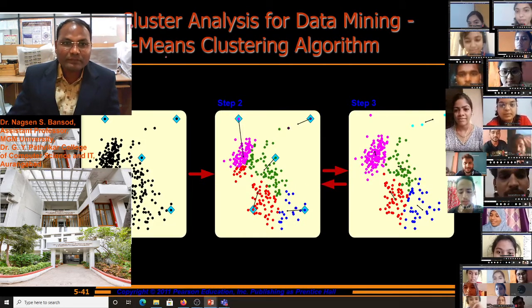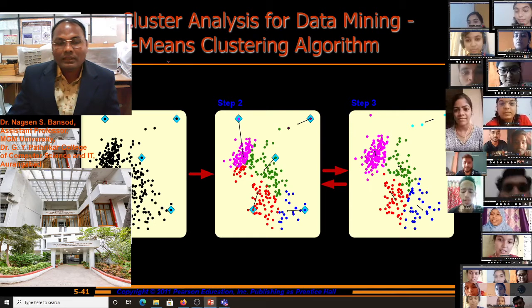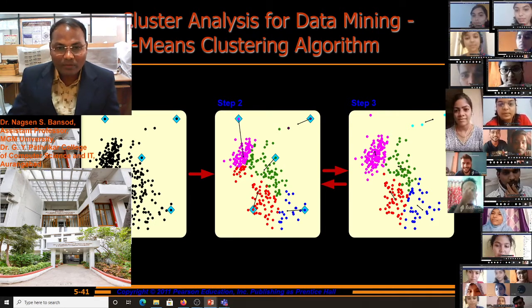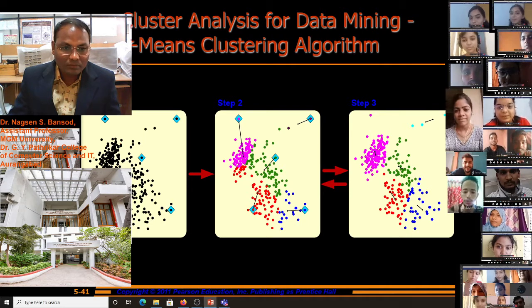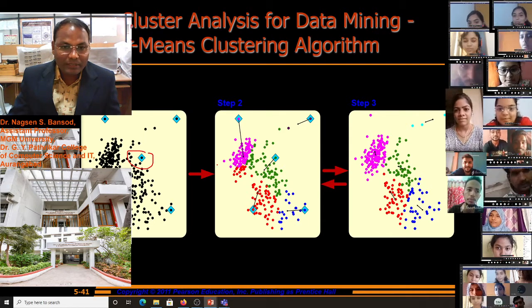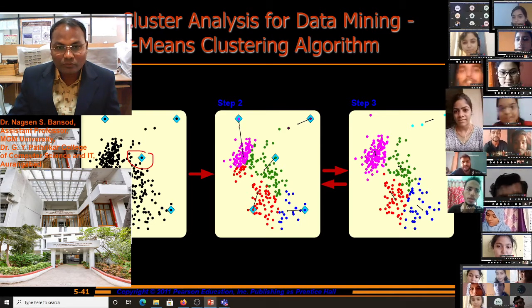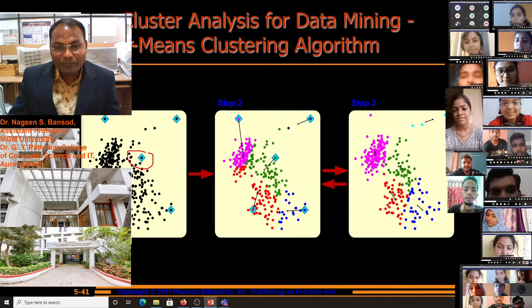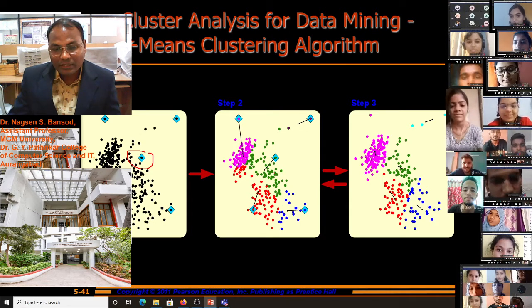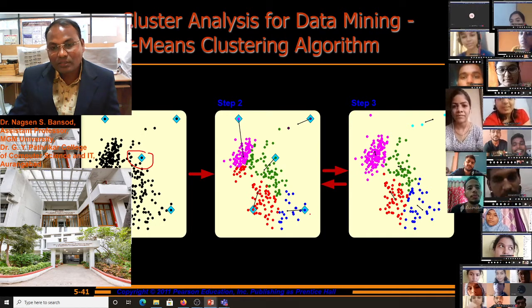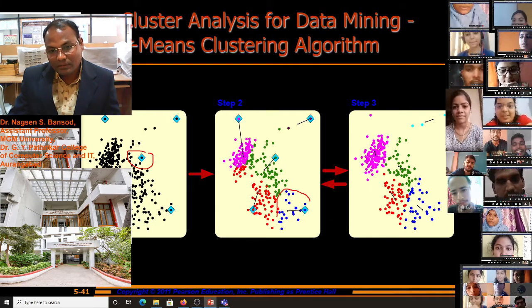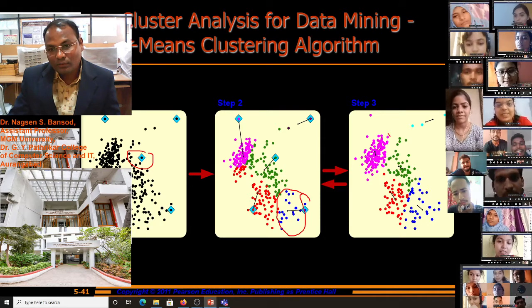You see an example of the k-means cluster algorithm. Here is step 1, we find clusters. Step 2, pink cluster. Here we find green cluster, red cluster, blue cluster and created groups.